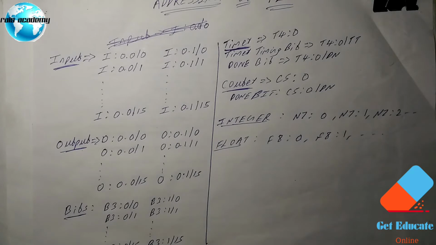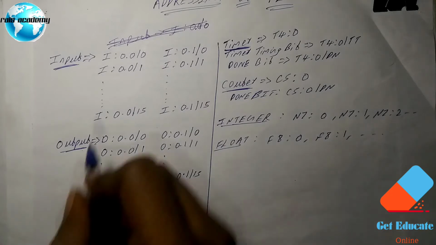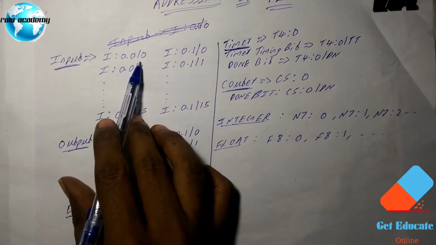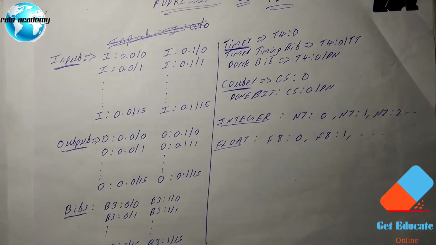Here you can see the input, that is I:0.0/0. For a compact PLC, the inputs and outputs are integrated in the PLC, hence they have a fixed slot, 0.